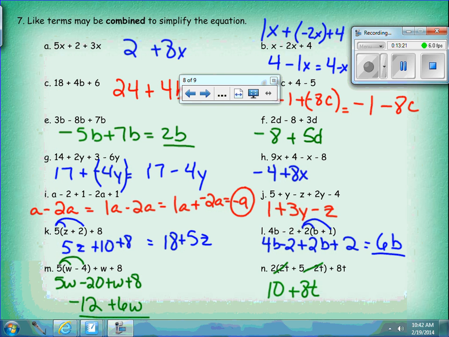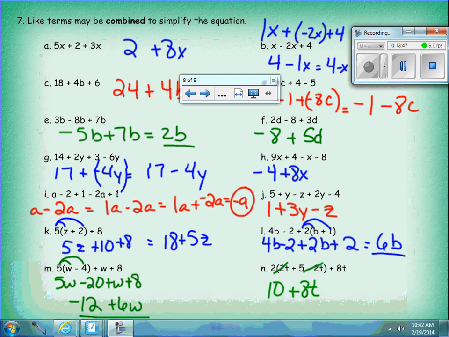Now, on M, again, we use the distributive property. 5 multiplied everything inside the parentheses. So we end up with 5w minus 20 plus w plus 8. And we combined our constant terms. Negative 20 plus 8 is negative 12. 5w plus w is 6w.